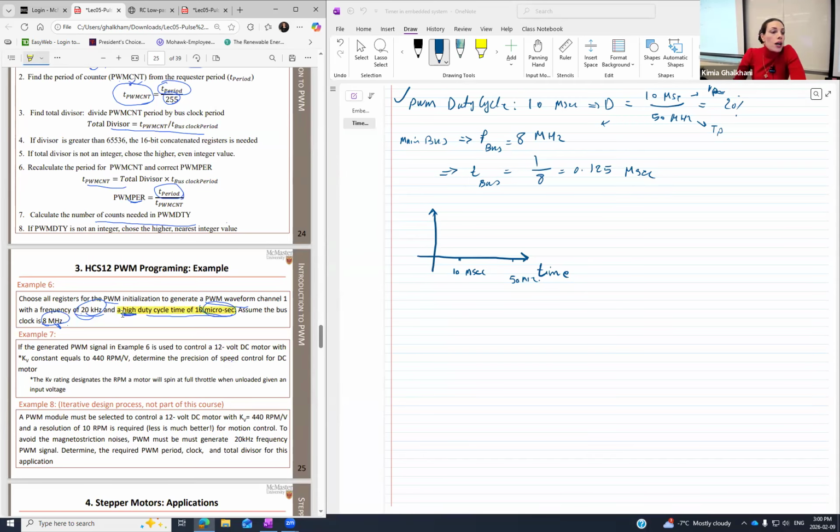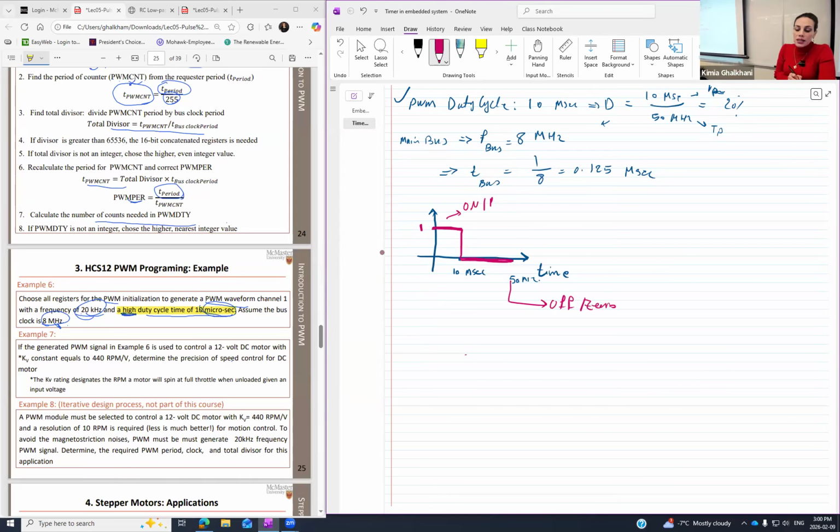If 10 is high, it means I'm going to have it like this. 1 means high or on, and this is on for 10 microsecond. Makes sense so far? Then the remaining is going to be off time. This is my on or 1, and this is my off or 0. Now makes sense?